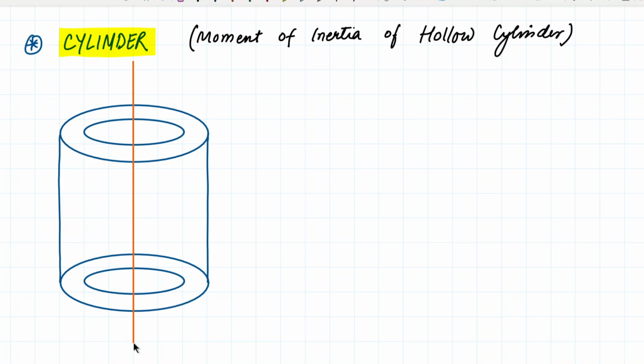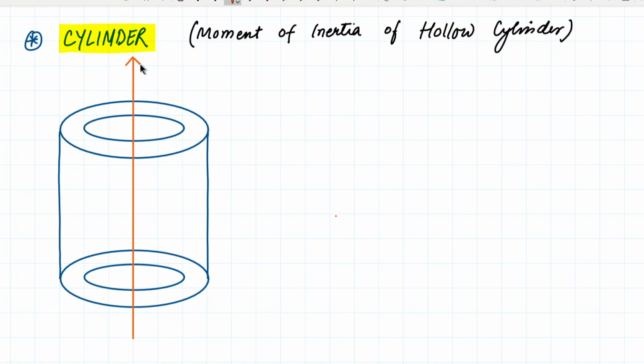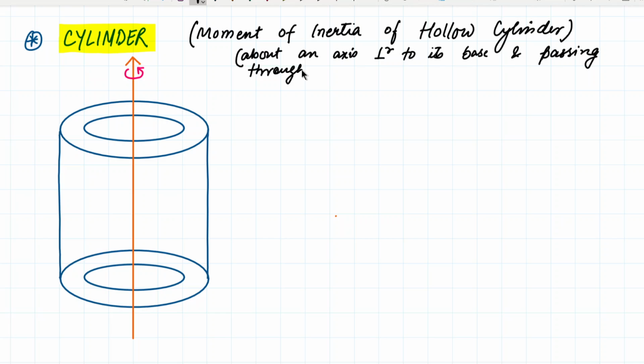I am only right now interested in finding out its moment of inertia about an axis which is perpendicular to its base and passing through the center, passing through the geometrical axis of the cylinder.